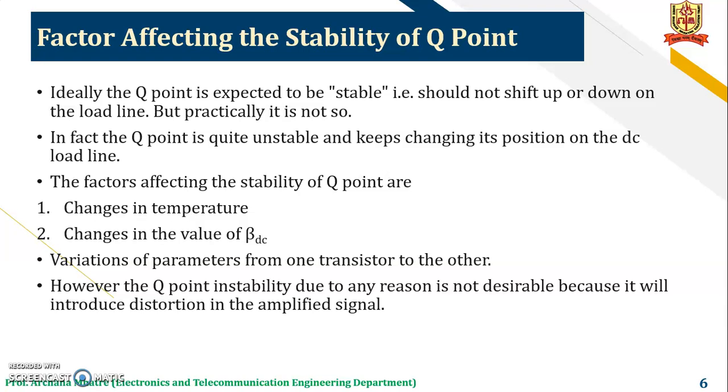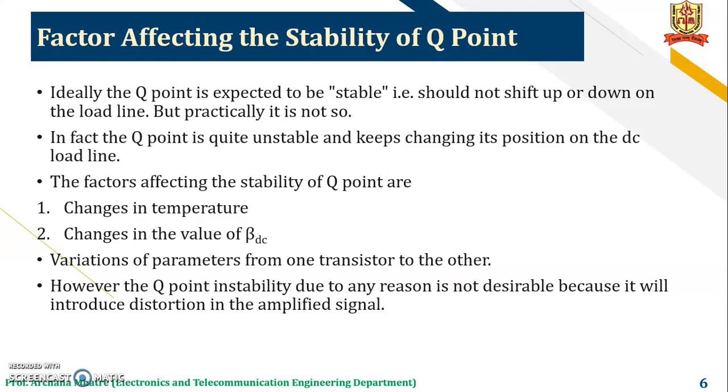Factors affecting the stability of Q point. Ideally, the Q point is expected to be stable, that is, it should not shift up or down on the DC load line, but practically it is not possible. In fact, the Q point is quite unstable and keeps changing its position on the DC load line.